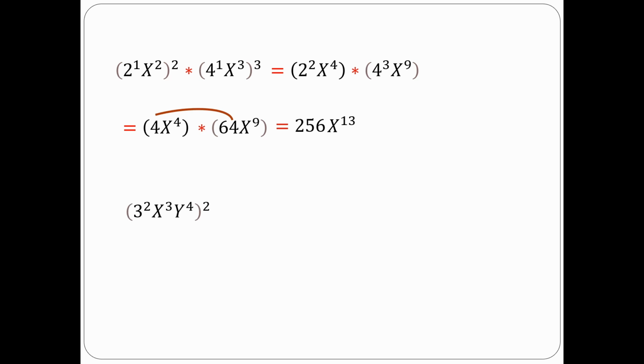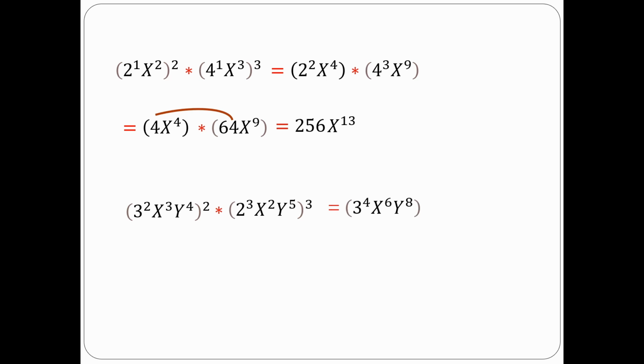Let's say we have 3 squared x cubed y to the fourth with exponent 2. So the first thing to do is to distribute the 2 to the exponent on the inside, and do it also with 3.